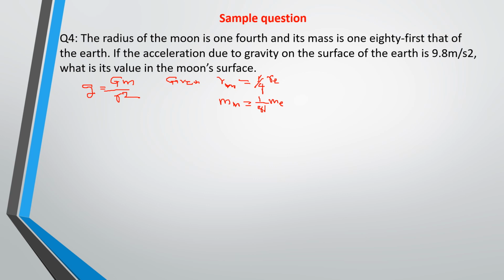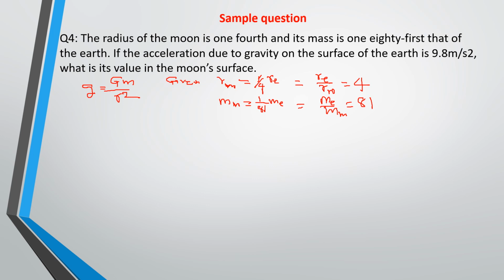So just as we did in the previous question, we can have that the radius of the earth to that of the moon is equal to 4. Then also the mass of the earth to that of the moon is equal to 81.